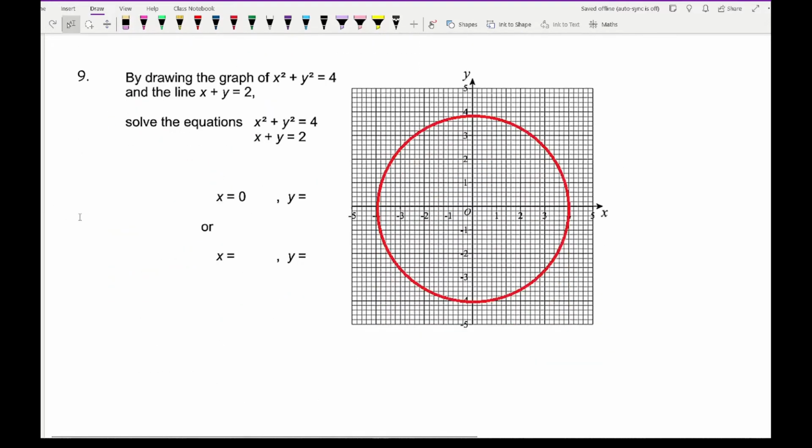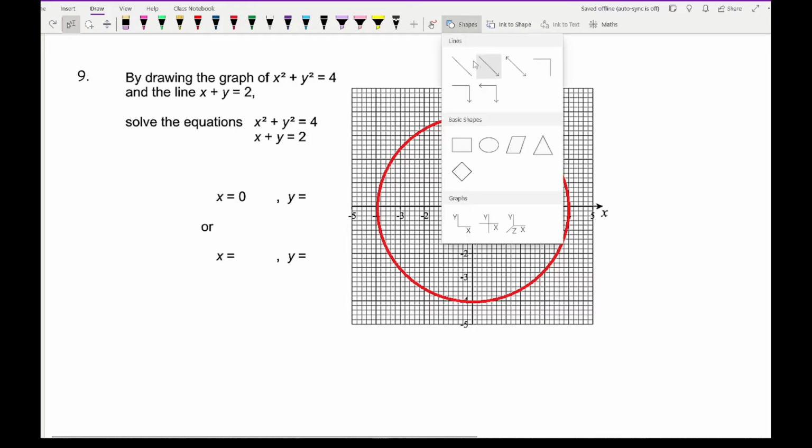Moving on to question 9, it says by drawing the graph of x squared plus y squared equals 4 and the line of x plus y equals 2, solve the equations x squared plus y squared equals 4 and x plus y equals 2. Here I've already pre-drawn the circle, a circle with a centre at the origin.